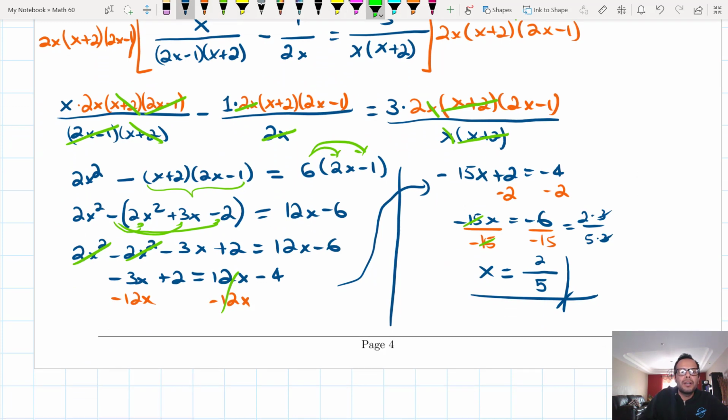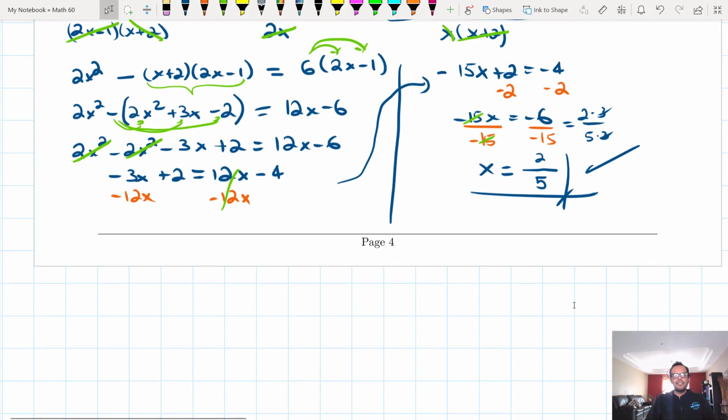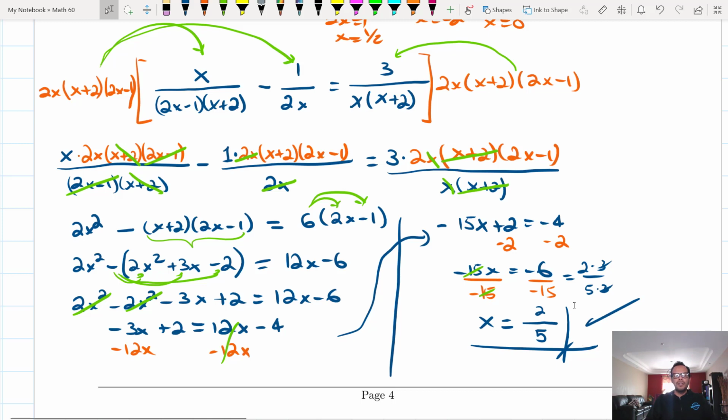So in this case, we call it a solution. This is the solution to the equation. Looks like that's about it for this section. Let's quit here, and then we will move on to the following section, which will be solving rational equations and problem solving.